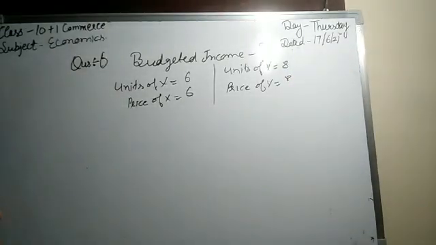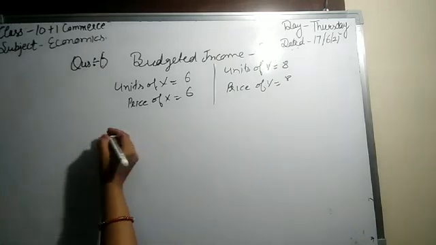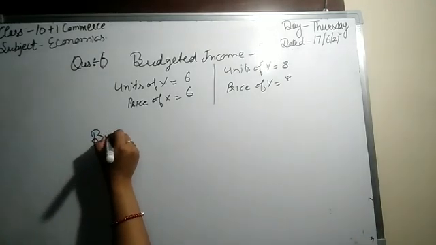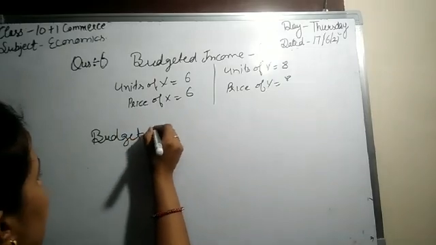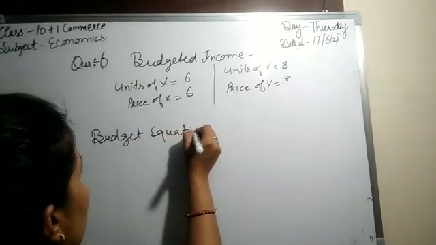So now when we calculate the budgeted income, the budget equation is as follows. You know very well what the budget equation is.